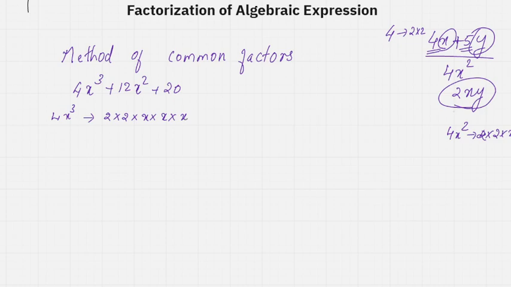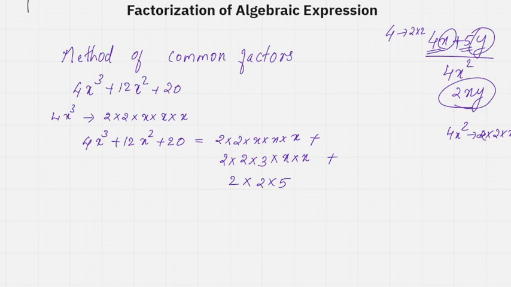Similarly, the whole expression can be written as 2 into 2 into x into x into x, plus 12x square can be written as 2 into 2 into 3 into x into x, plus 20 can be written as 2 into 2 into 5, right? So all these things we have written as prime factors.